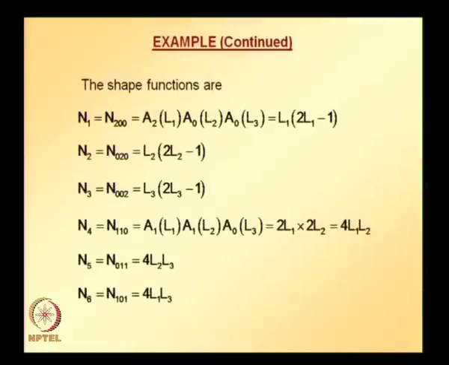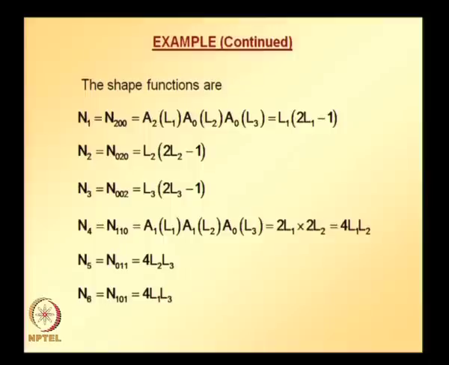In the earlier example we have already derived shape function for all the 6 nodes in terms of L1, L2, L3, and for this right triangle element we got L1, L2, L3.